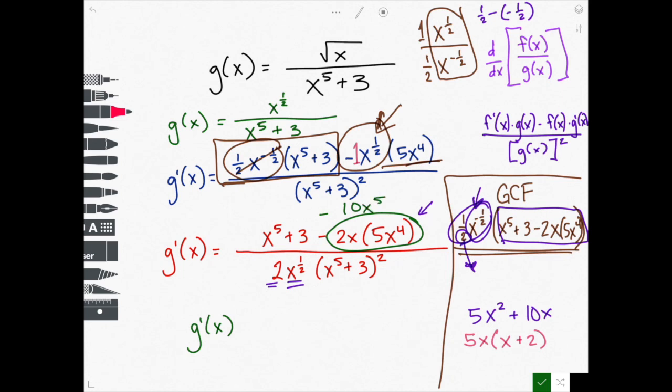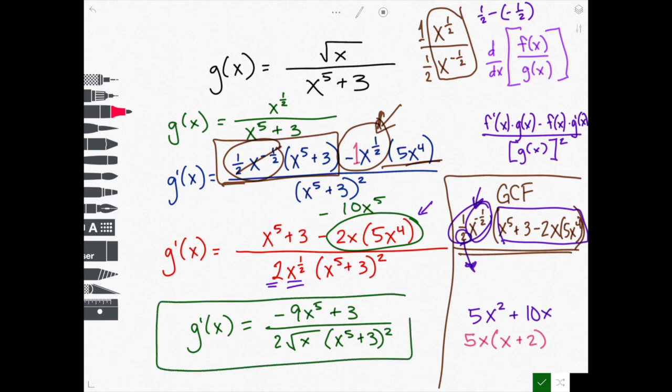And then I just take the x to the 5th and subtract 10x to the 5th and get minus 9x to the 5th plus 3 in the top. And in the bottom, I have 2x to the 1/2. Or if I wanted to go back to the format that the question started with, 2 root x. I'm not going to worry in the final which way you go, but I'm trying to be more proper for the video here. And there you go.